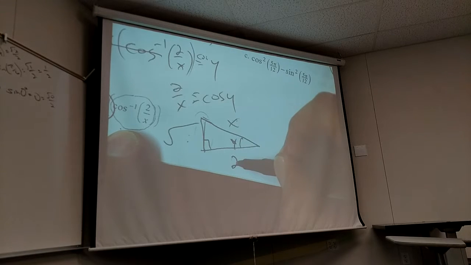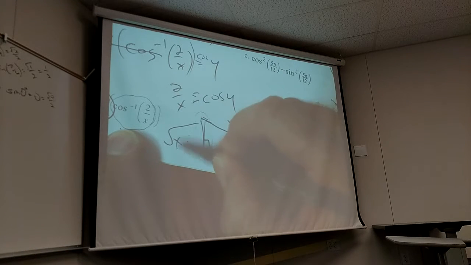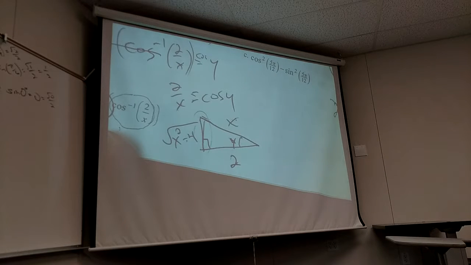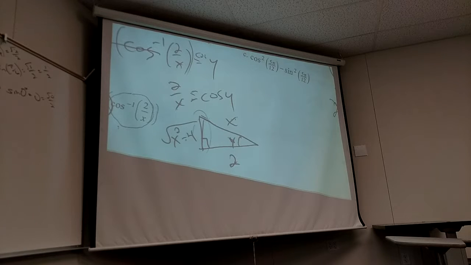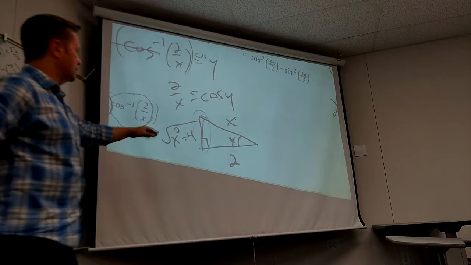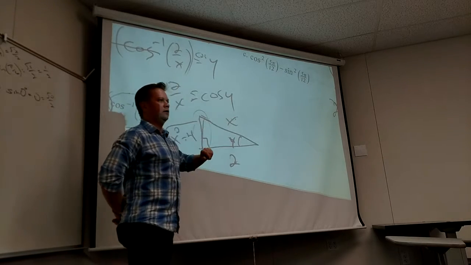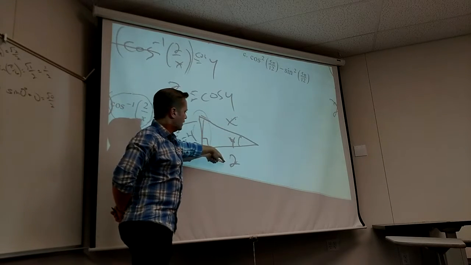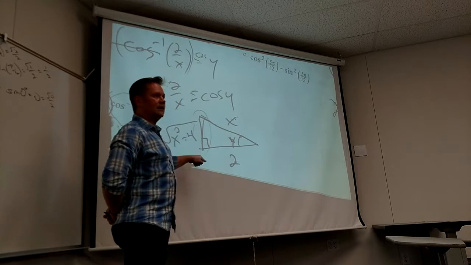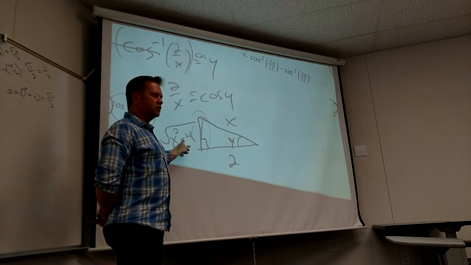X squared minus 4, square root. Obviously, if it's the hypotenuse you know, and another side, there's going to be a minus to get the last side, because these sides add to be the bigger side. I know the bigger side, so I have to subtract the square of this from him to get this side. So there's going to be a minus in there.